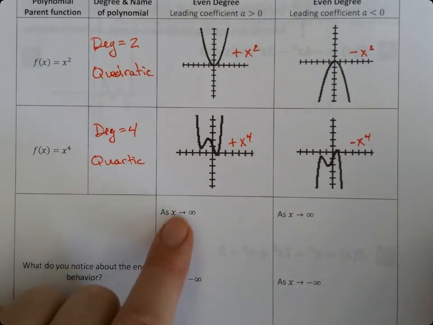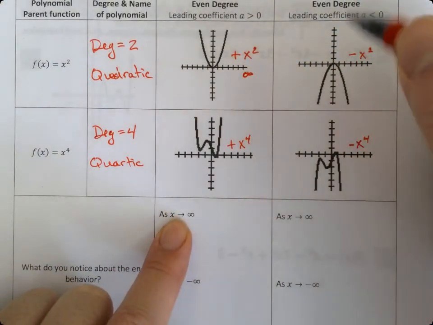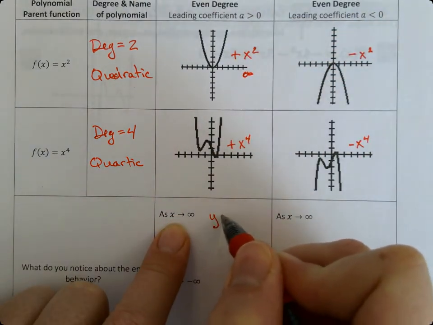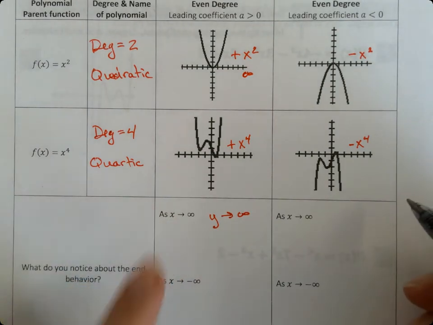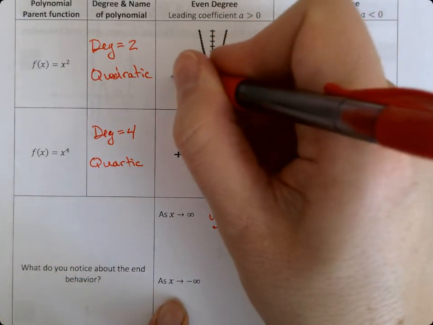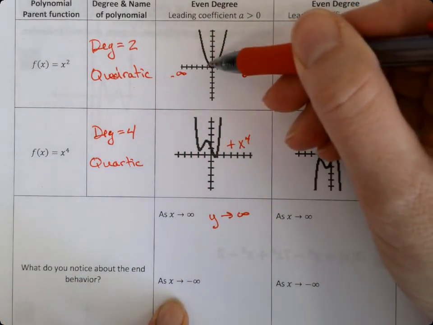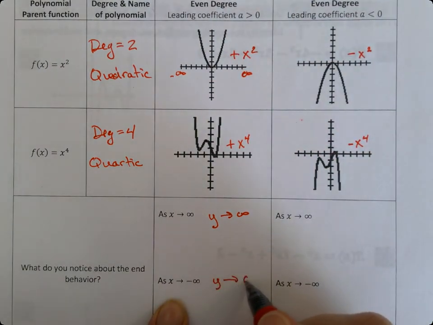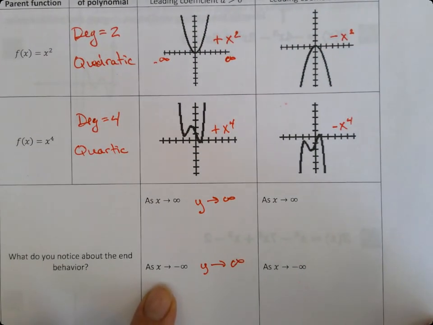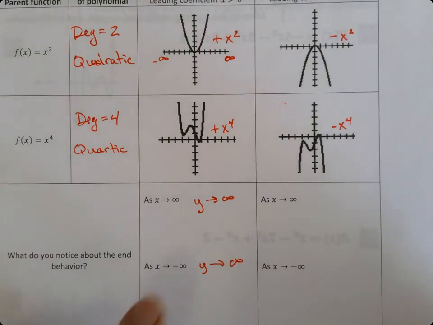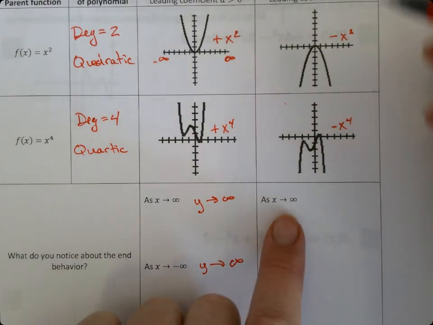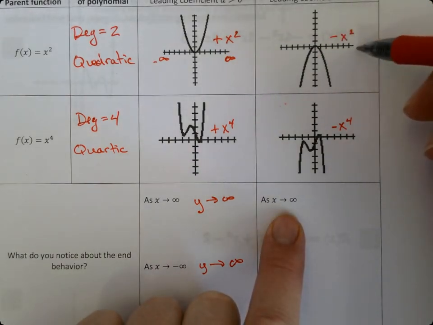So as x increases on both of these, the y also goes to positive infinity. As x decreases or goes to negative infinity, the y increases. So y is going to positive infinity. So you have to sort of change what your brain sees. And now if you look at these, as x increases, okay, x is getting bigger over here.